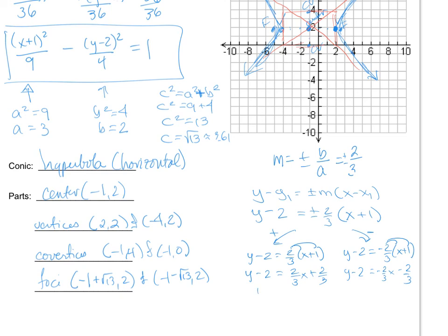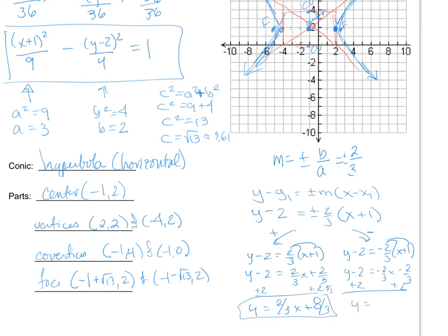And I'm going to add 2 to both sides, because I want it in slope-intercept form. Then I'm going to get y equals 2/3 x plus, okay, then I have to get a common denominator, so 2/3 plus 6/3 is going to give me 8/3. There's one equation of the asymptote.